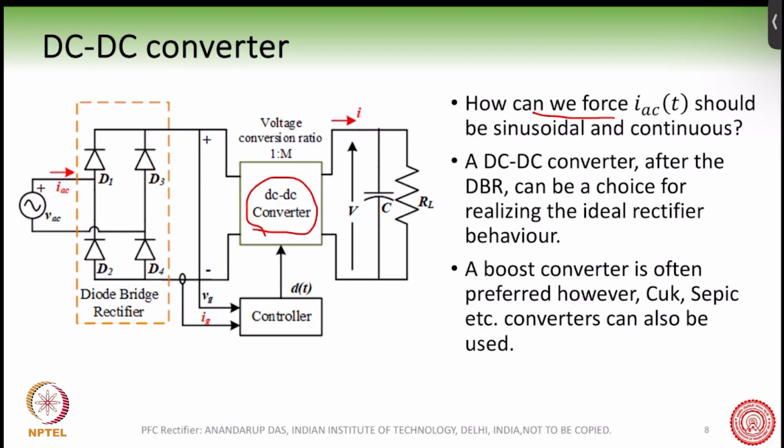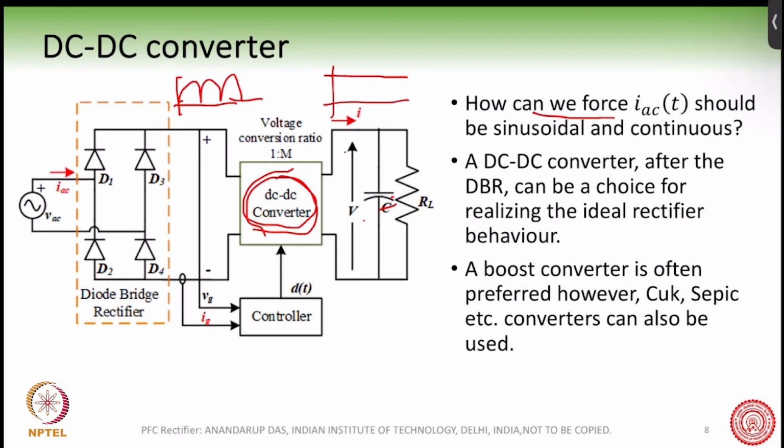So what does this do? We will explain this, but for this DC-DC converter, let us see the input and output. The input to this DC-DC converter is a rectified voltage which is something like this, whereas the output voltage, as we know, we want a DC output.